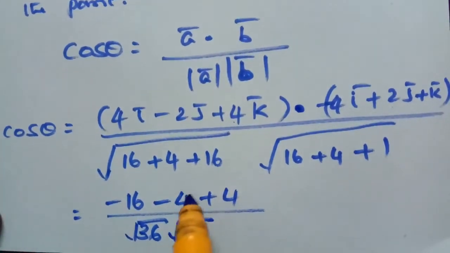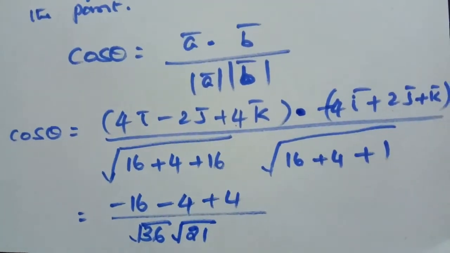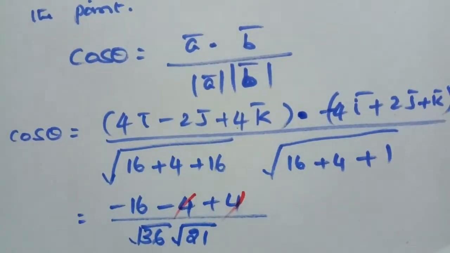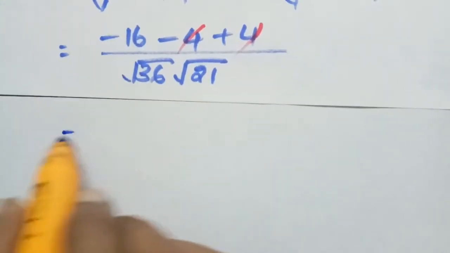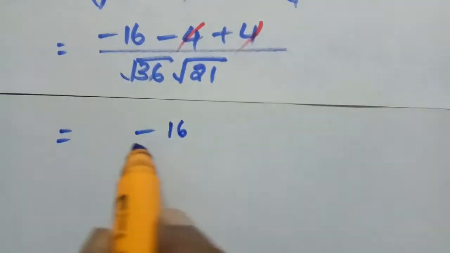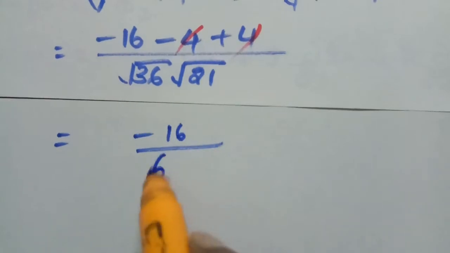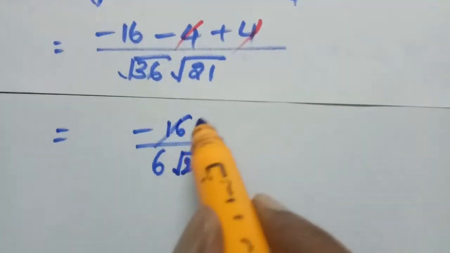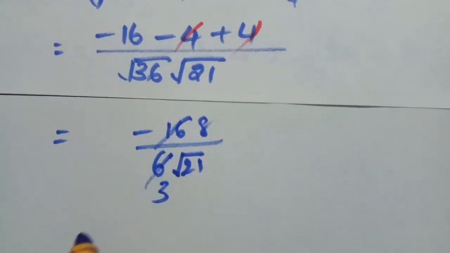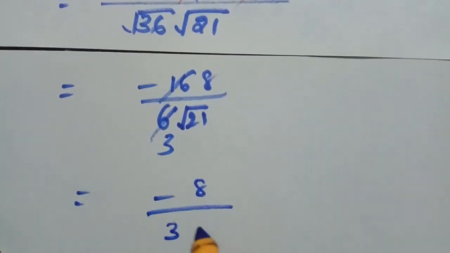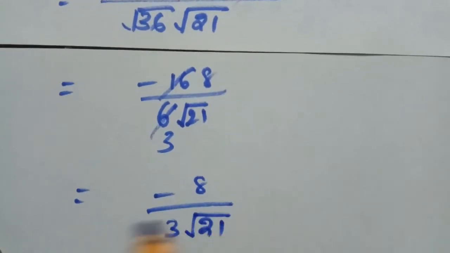Therefore, here minus 4 and plus 4 get cancelled. This is equal to minus 16 by square root of 36, 6, into square root of 21. So 2 8s, 2 3s, that is equal to minus 8 by 3 into square root of 21.